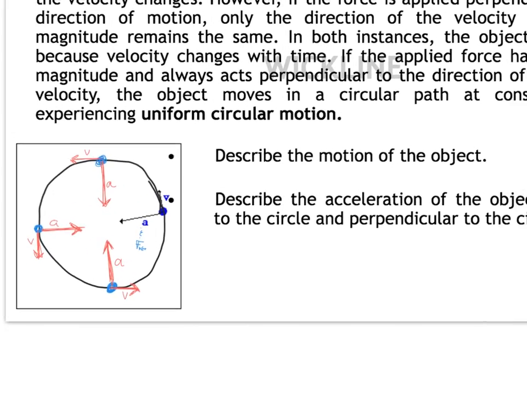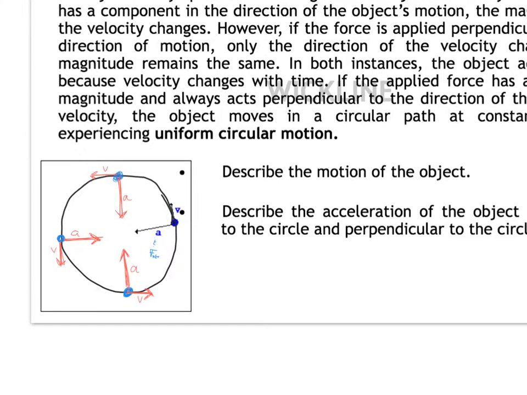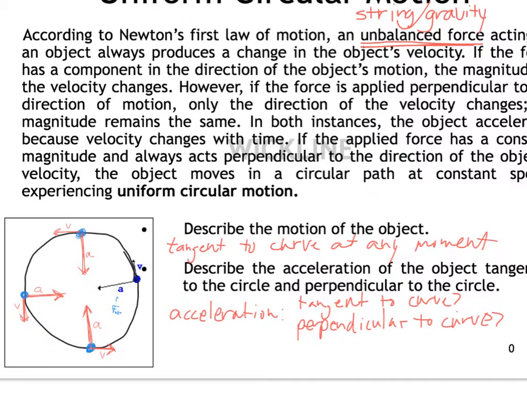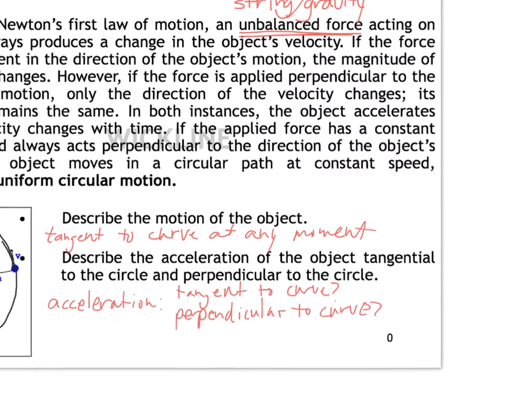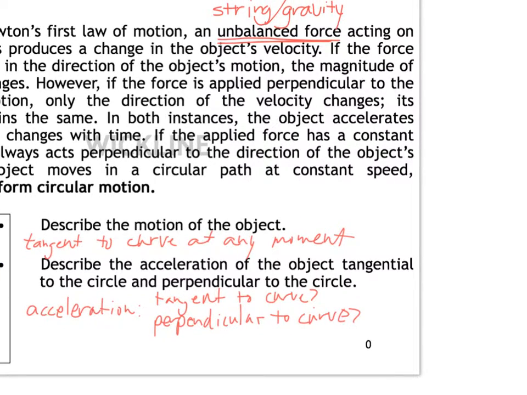So when we describe the motion of the object, let's say that the motion of the object is circular, but also we can say that its acceleration is towards the center. So the motion, I suppose, is tangent to the curve at any moment, but the acceleration is always towards the center. The acceleration tangent to the curve is going to be absolutely 0 meters per second squared, because it's in constant circular motion.